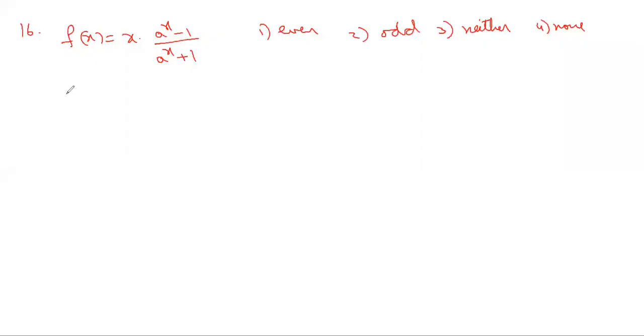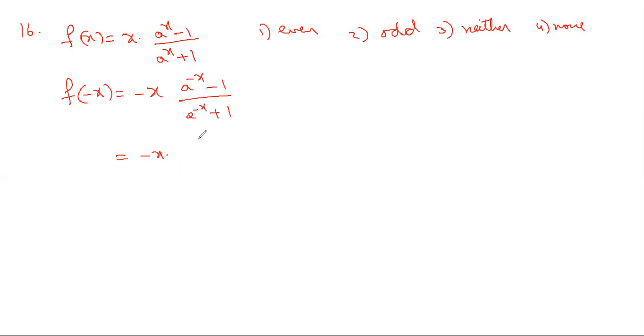So the same process of verification: you calculate f of -x. If you get the same thing, even; negative, odd; neither, neither. So f of -x is -x times (a^(-x) - 1)/(a^(-x) + 1).